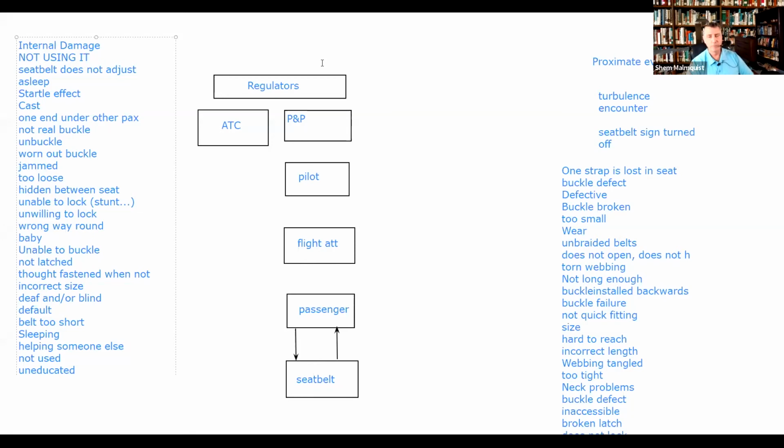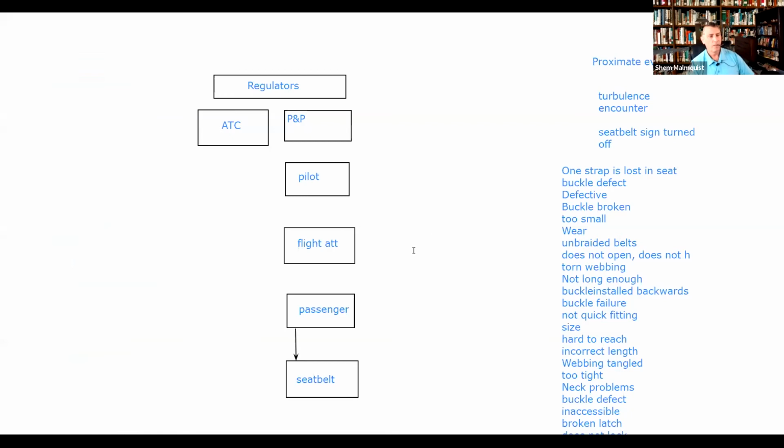It could be just as simple as that the design made a little bit of a click when they pushed it together, which some of these do. So we've already identified a whole lot of possible reasons why we might have gotten to this point, and we haven't even gone past this passenger yet. We still have, of course, quite a bit more.